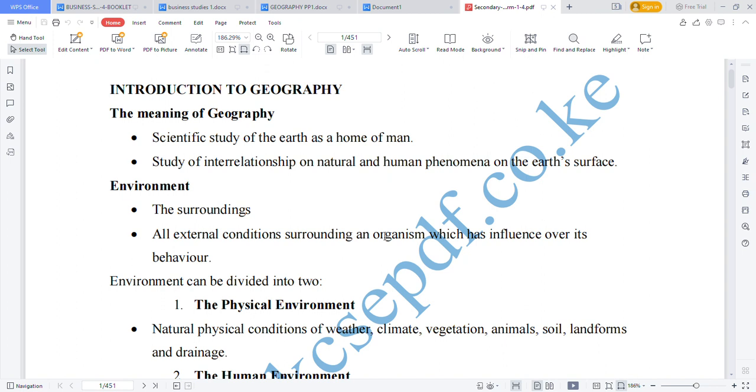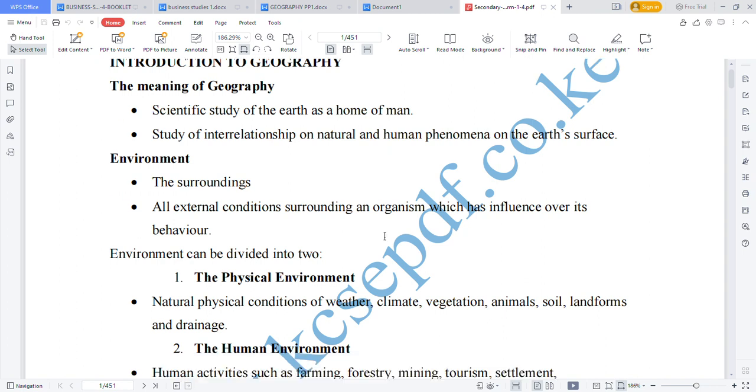Then somebody can also define geography as the study of interrelationship on natural and human phenomena on the earth's surface. So in exam, you will be told to define what geography is. That is going to be the very first question in your secondary school when you will be introduced to geography.